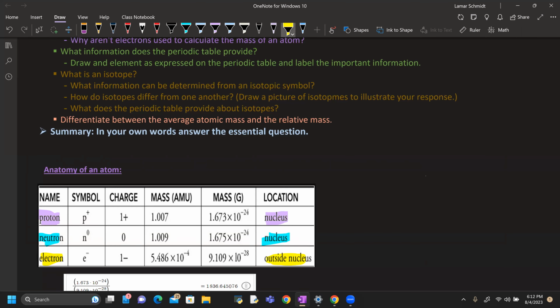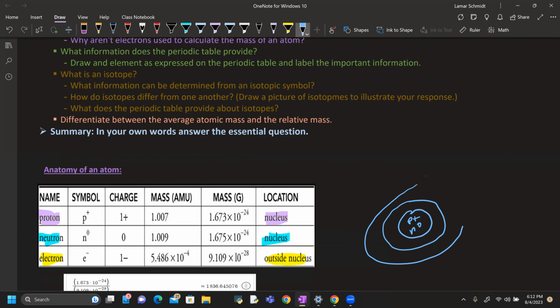we have electrons. If we draw a simple sketch of what that would look like, in the nucleus we have protons and neutrons. Then outside of the nucleus, we have these electron shells or energy levels, if you will.